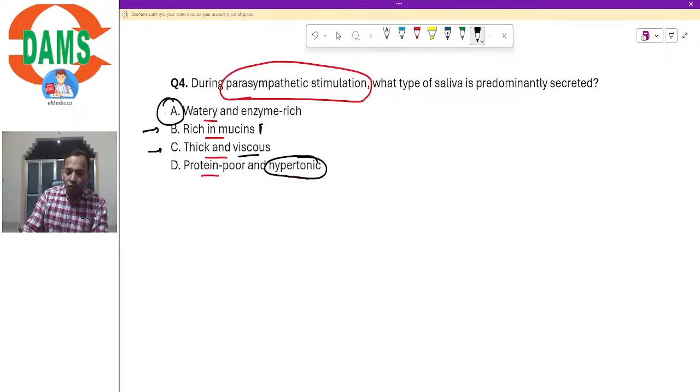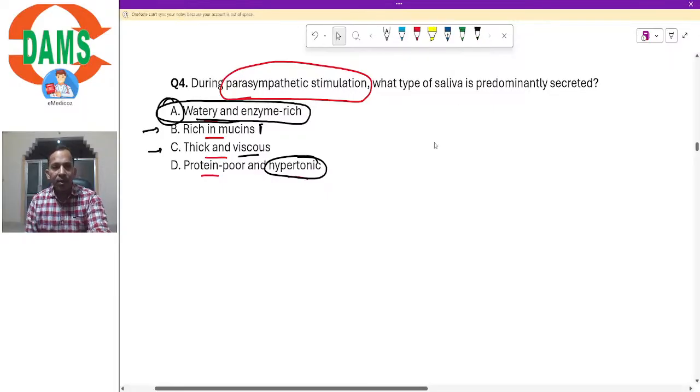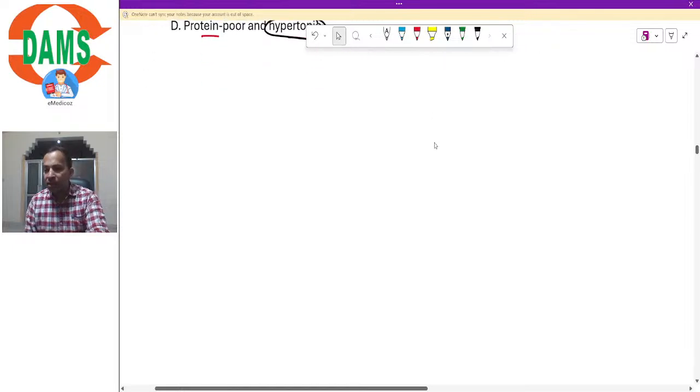So it will become more watery and enzyme rich, isn't it? Parasympathetic basically stimulates saliva secretion, isn't it? Protein secretion, water secretion, everything it will increase, right? So option A is the correct answer. Very good, Utkarsh and AJ.